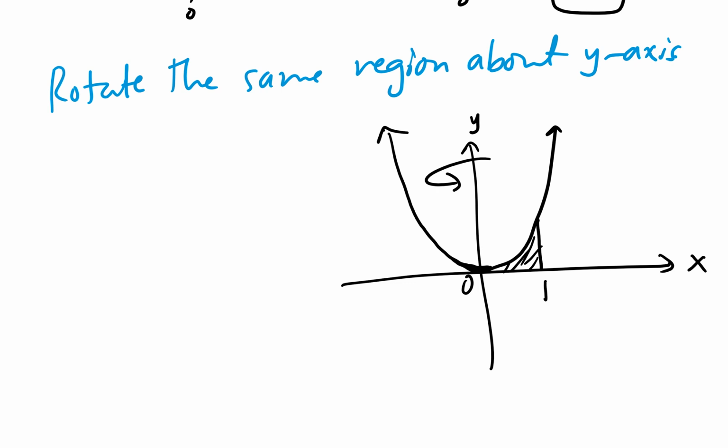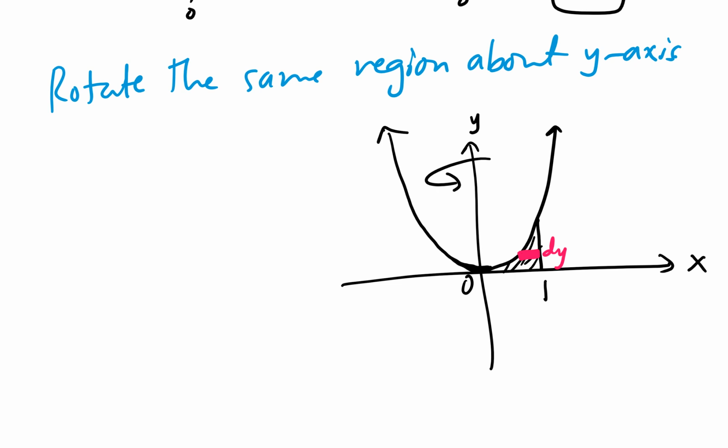So here the rectangle must be perpendicular to the y-axis, so we have a dy. Now notice there's a space between the region we're trying to revolve and the axis of revolution. You see the white space? That reminds me of the washer method, right?